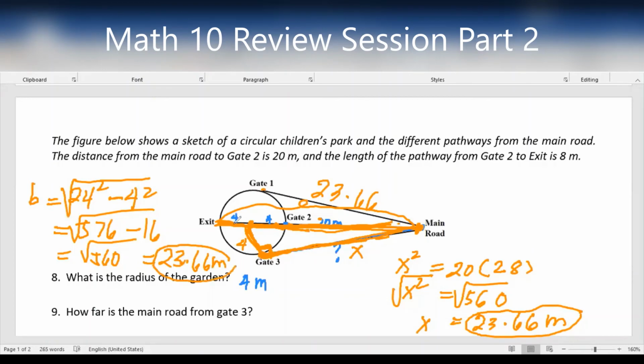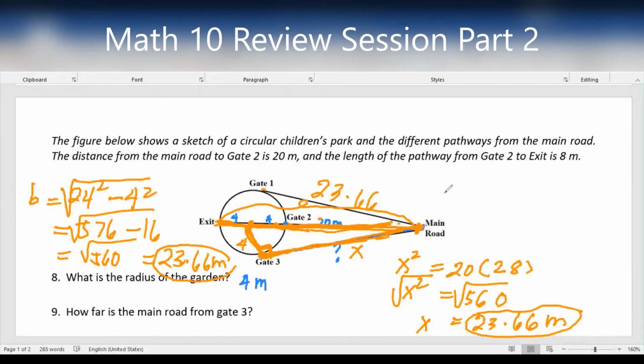Okay, so you can use any method. Kasi si Pythagorean theorem is always, parang popular na siya. Kaya wag niyo siyang kakalimutan. Pero ito rin, yung new theorem that you learned this grade 10, so that's also applicable.